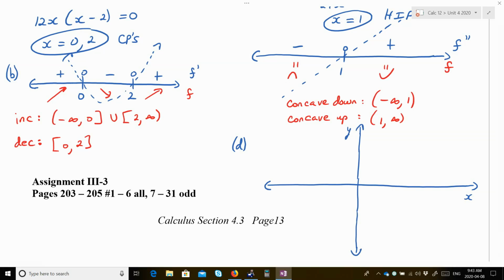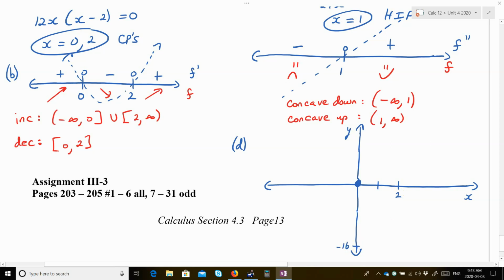Okay, and so our first critical point was at x equals 0. And if you put 0 into the original function, 4x cubed minus 12x squared, you will get 0 for y. So our first critical point is actually at 0, 0. The second critical point is at x equals 2. And if I put 2 into the original function, you end up getting negative 16.